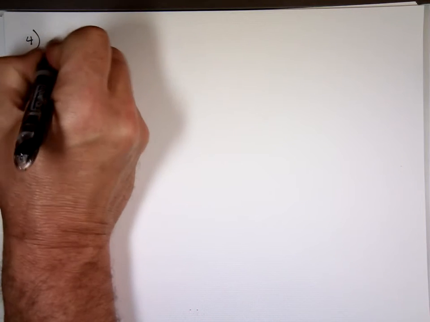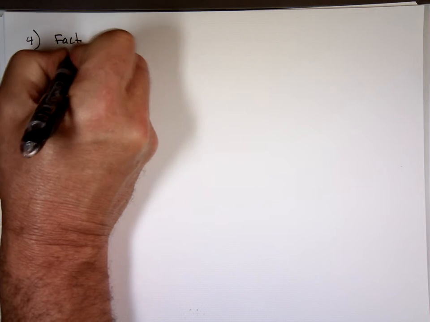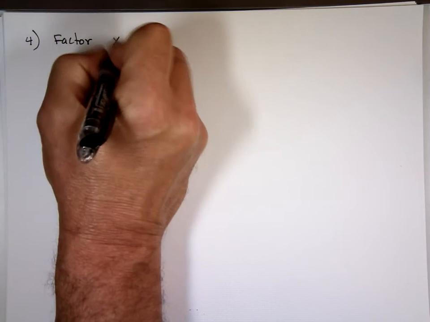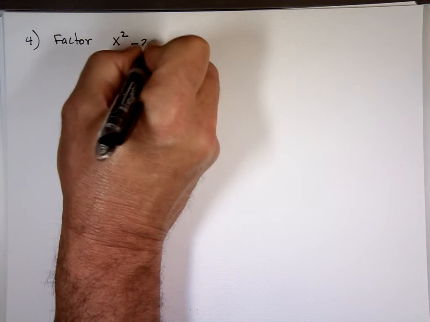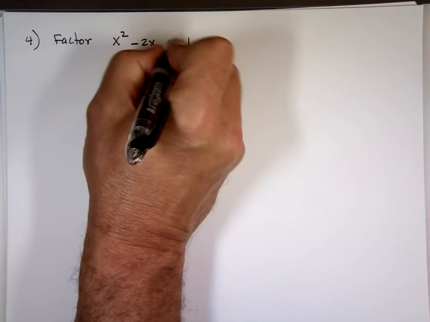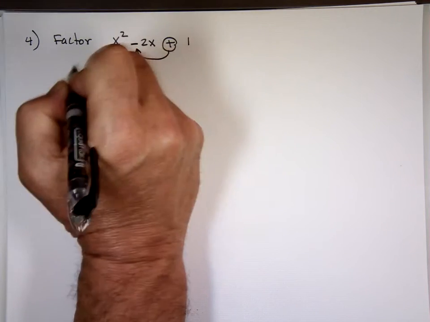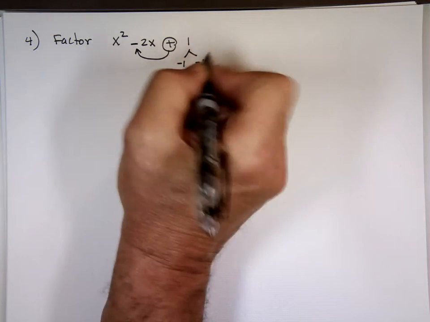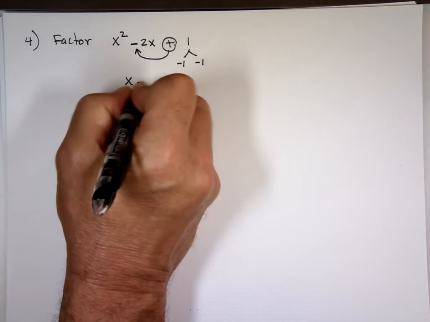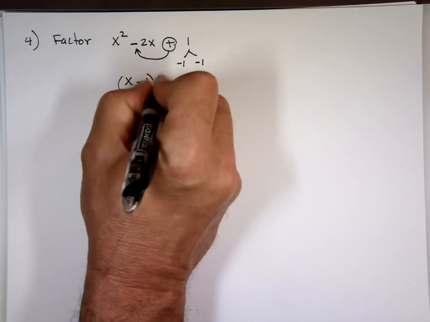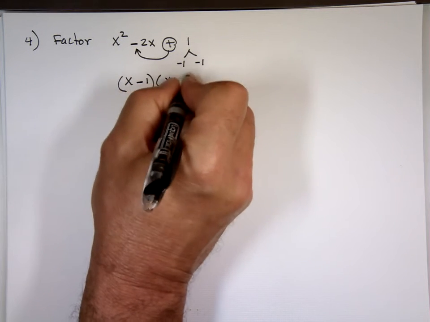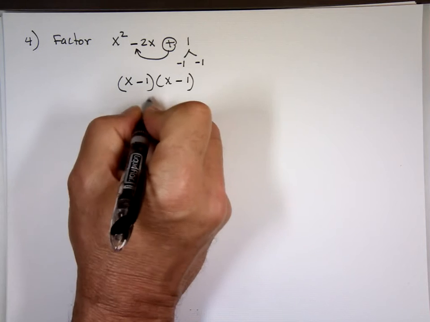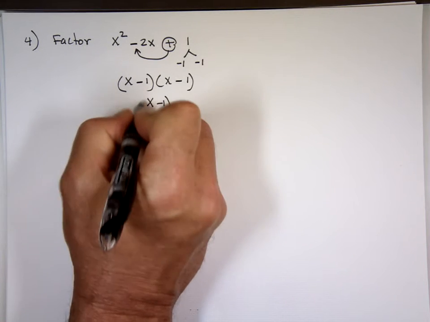Question 4, factor x squared minus 2x plus 1. This sign is positive, so both signs are the same as this. Both negative, so it's only negative 1 times a negative 1. You don't have any options. You can write that as x minus 1 squared.